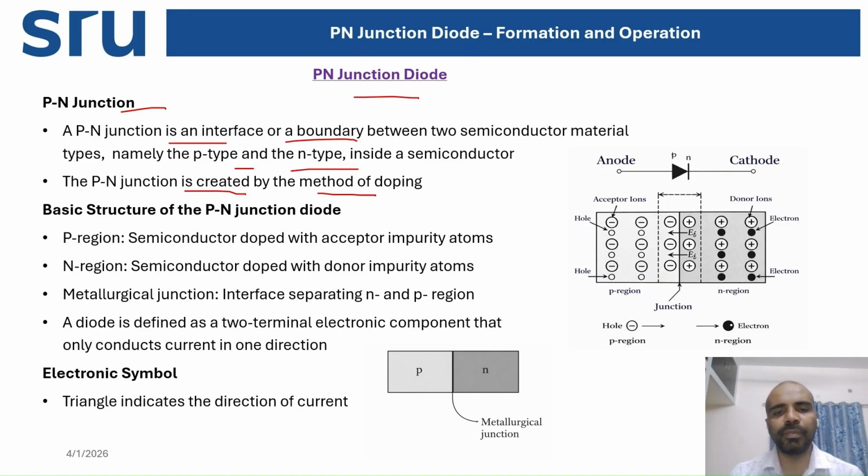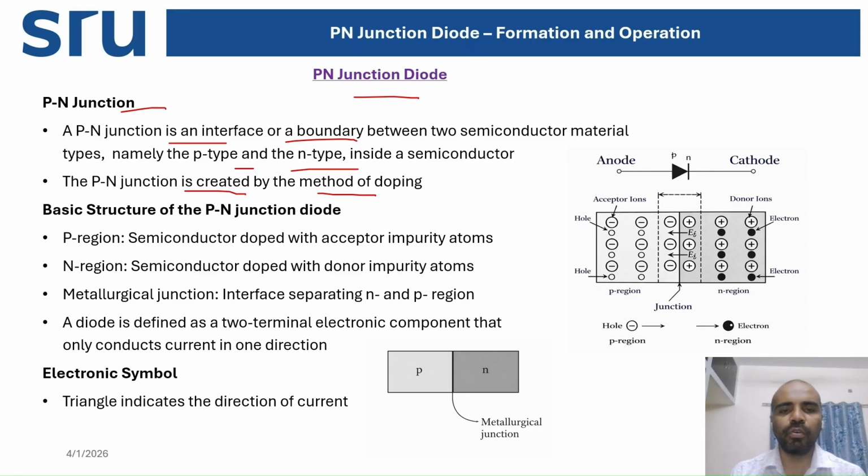You know about doping. Doping is a process by which we can add different types of impurities into an extremely pure or intrinsic semiconductor. In general, fabricating a PN junction diode requires a highly developed semiconducting technology.